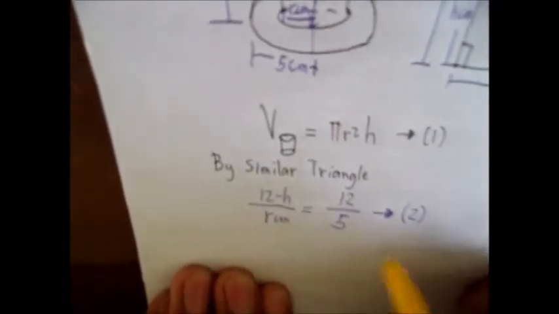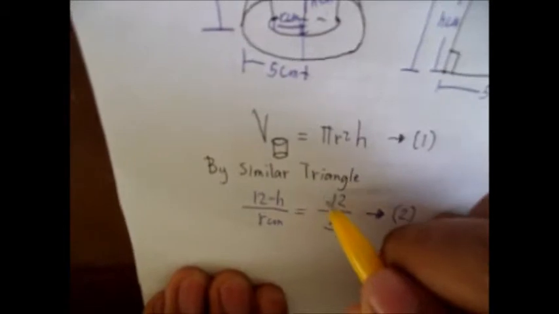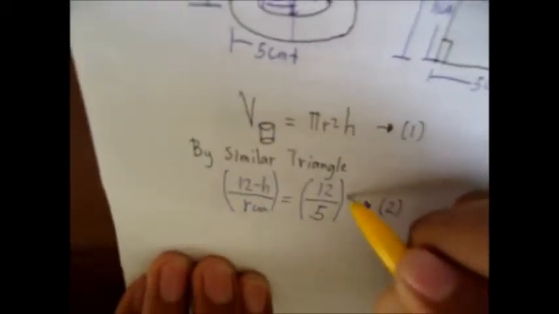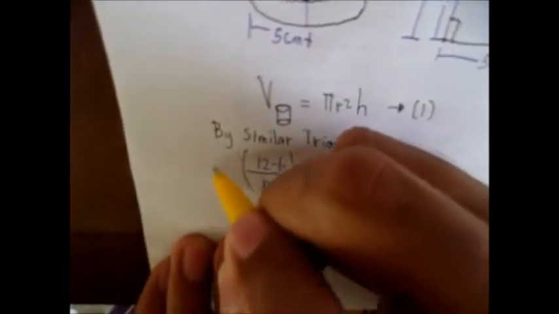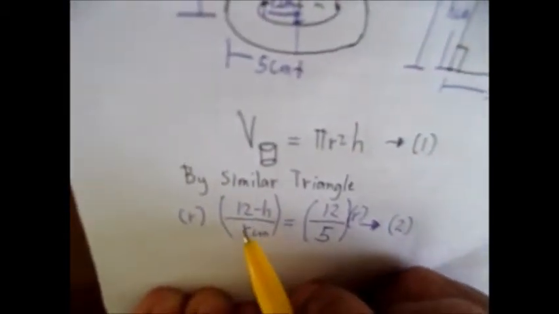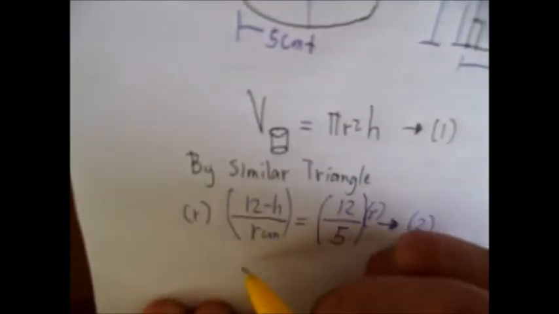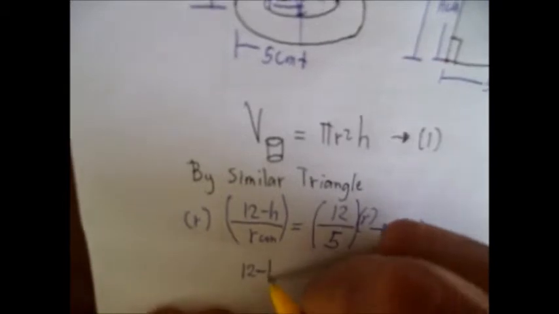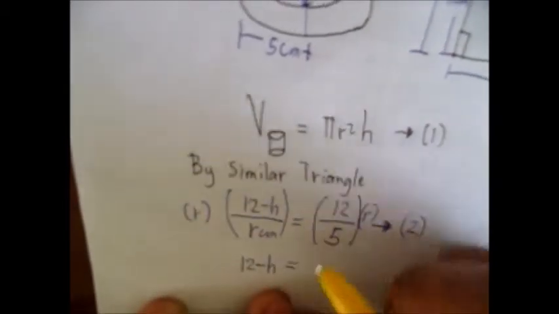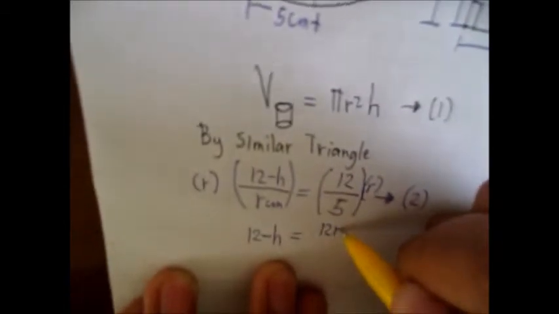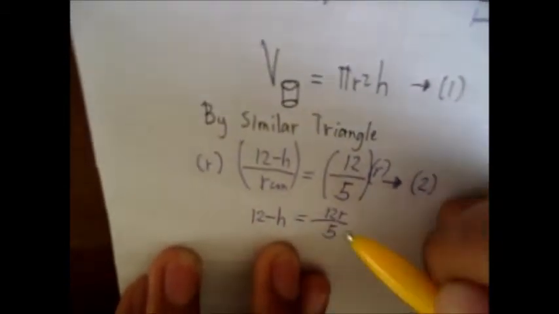Since we need to find the height, by the multiplicative inverse, we multiply both sides by r, so that r times 12 minus h divided by r centimeter is equal to 12 minus h, equal to 12 divided by 5 times r, which is 12r over 5.